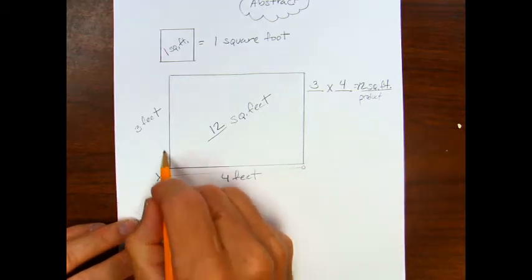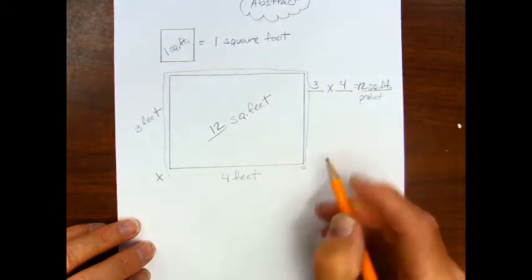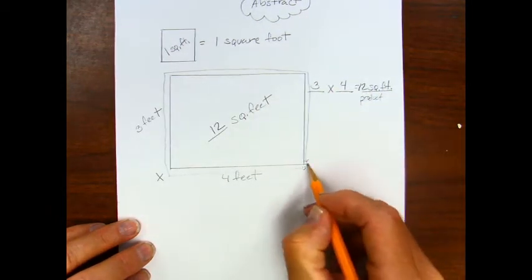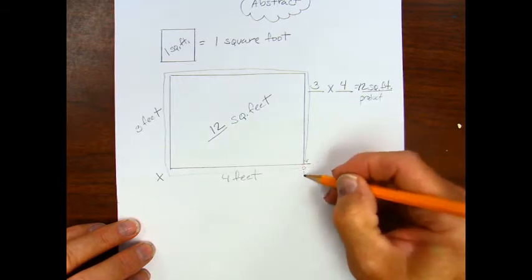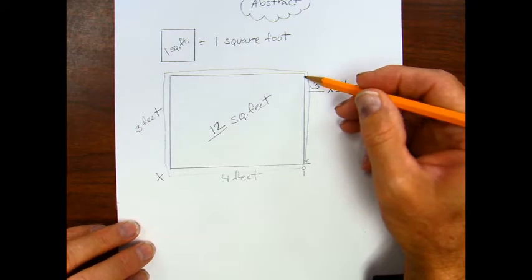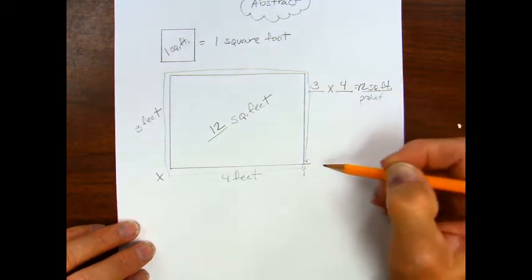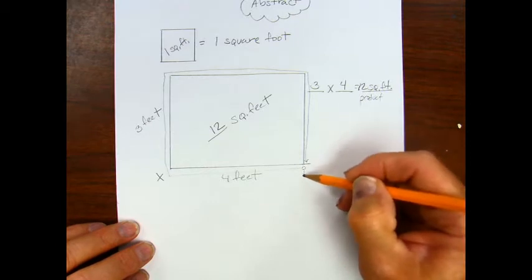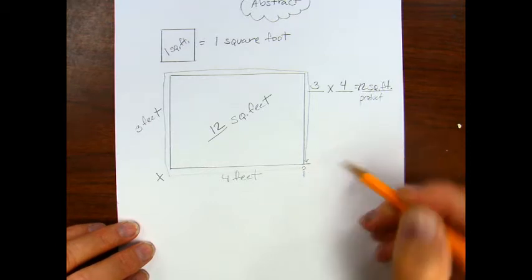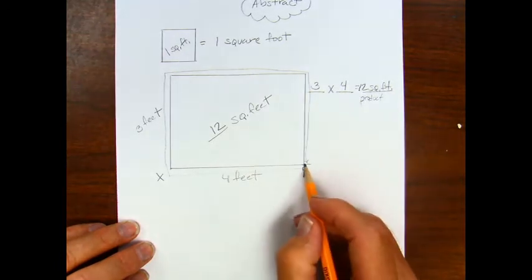And I'm going to stop at this edge right here. So we aren't stopping exactly at the same point. So we already know that this side that we started from is 4 feet.